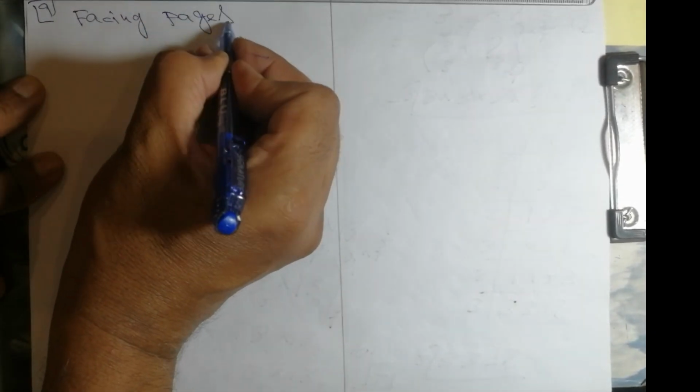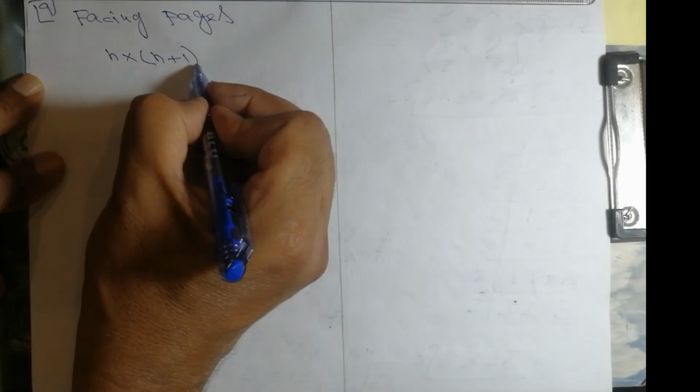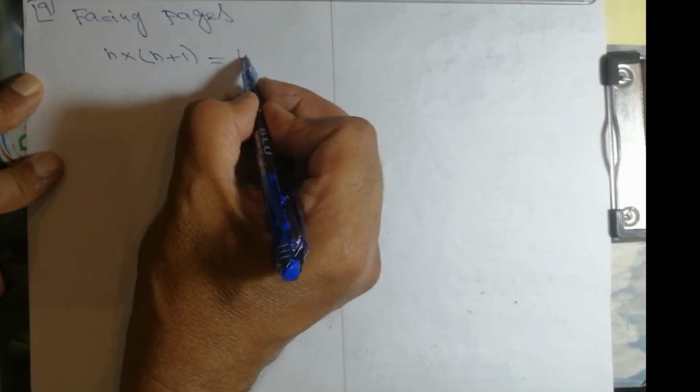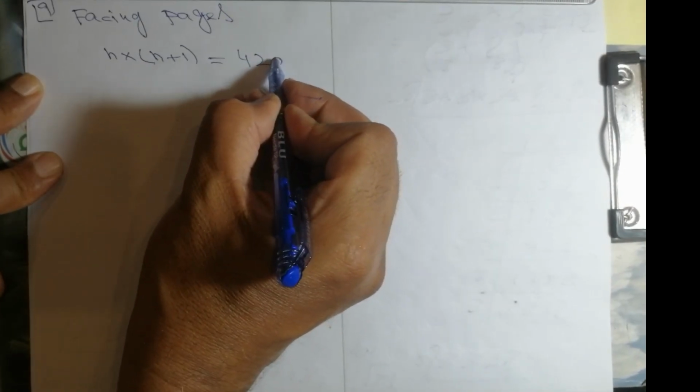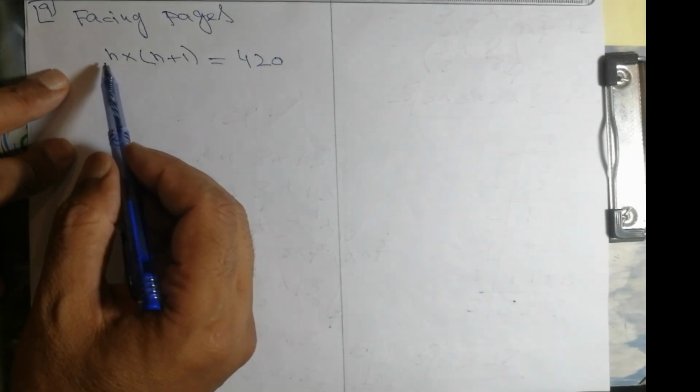For example, if one page is n, then the very next consecutive page will be n plus 1, so that is equal to 420 as per the given condition of the question.